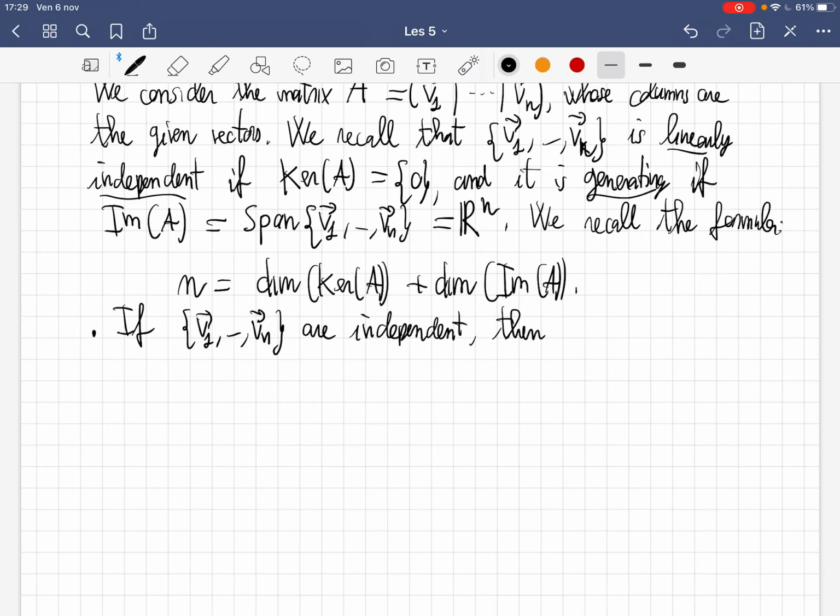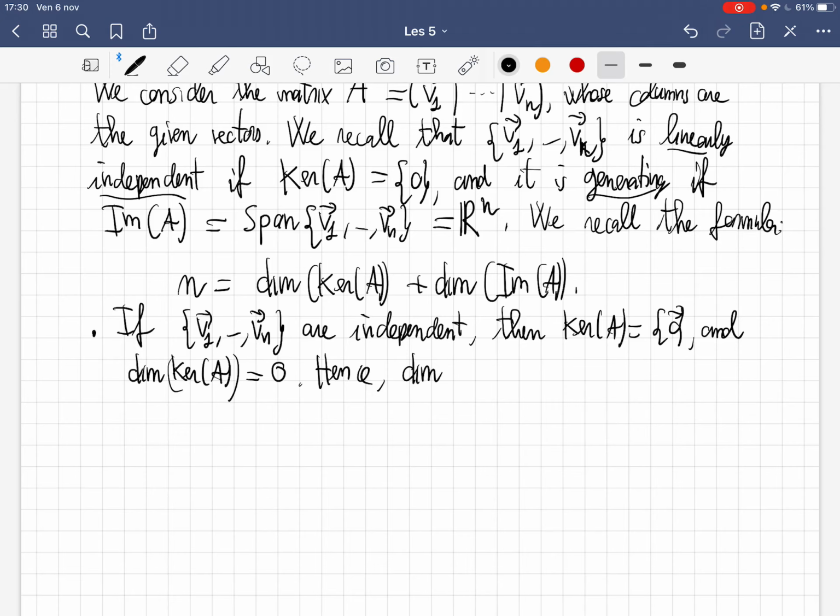then the kernel is trivial and the dimension of the kernel is equal to 0. Hence, the dimension of the image is going to be equal to n.